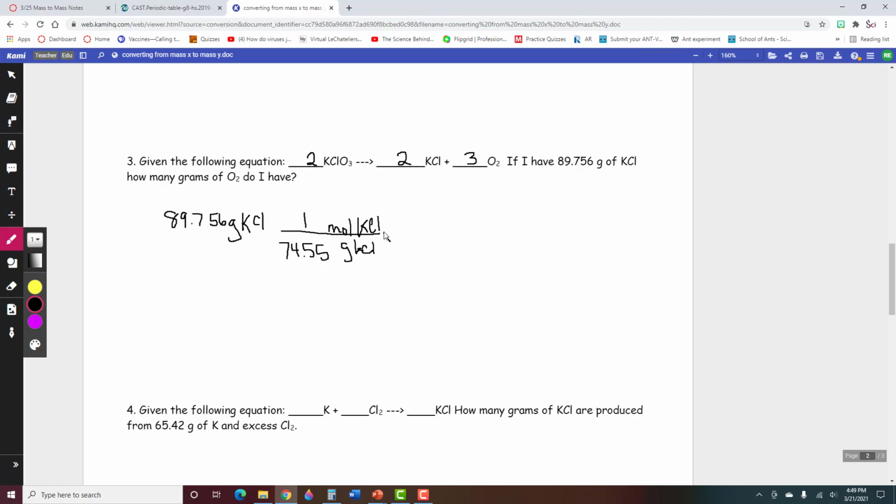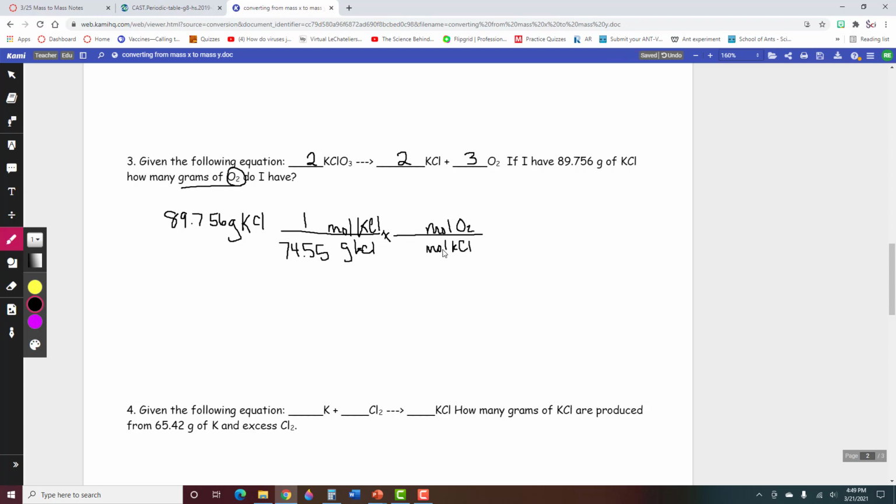Alright, next division bar. Take your top unit, move it to the bottom. So this will be moles of KCl. And then on the top, it will be moles of the other compound that they asked you to convert into. So I started with KCl, they asked for O2. So I need to go to moles of O2 first before I can go to grams of O2.